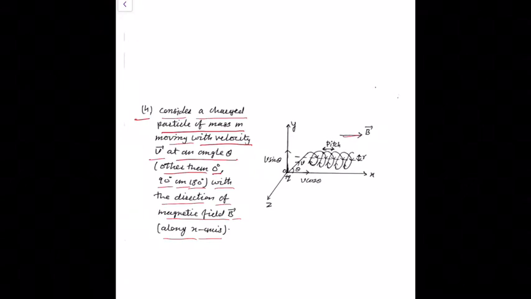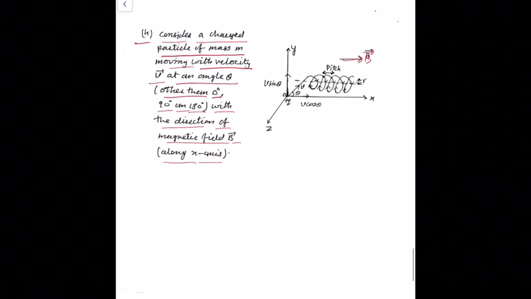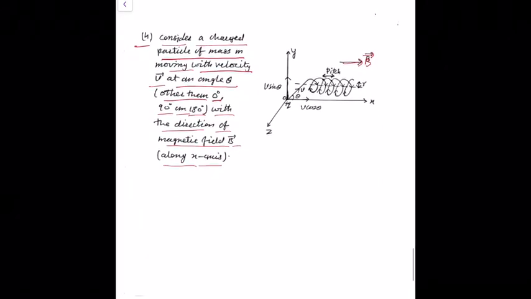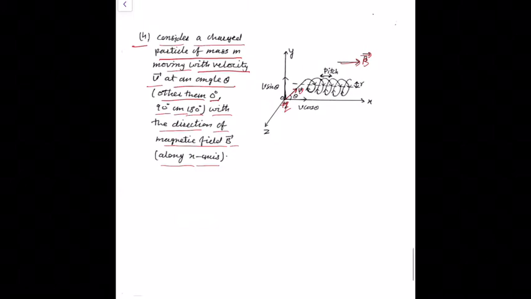Here in the diagram, magnetic field along the x-axis. Okay, so the velocity, here velocity v, charge plus q. The velocity v of the charged particle can be resolved into two components.